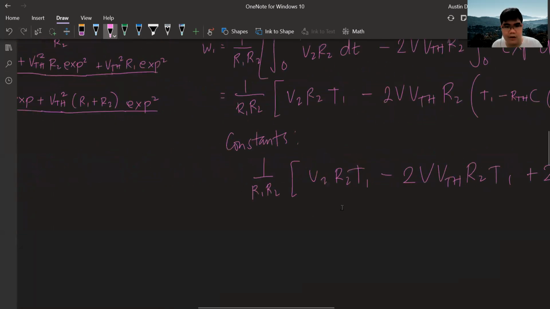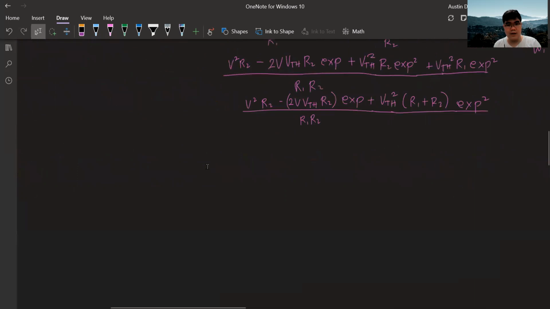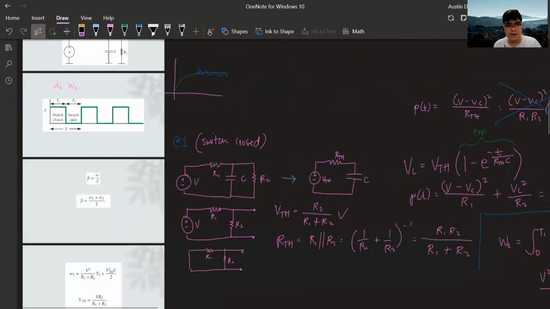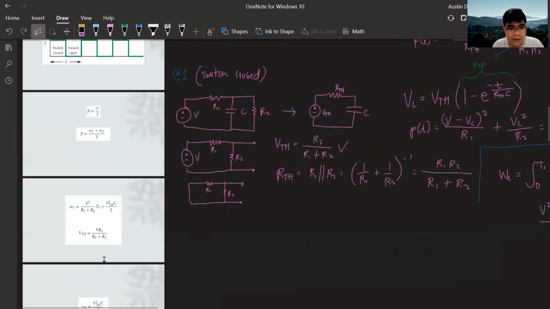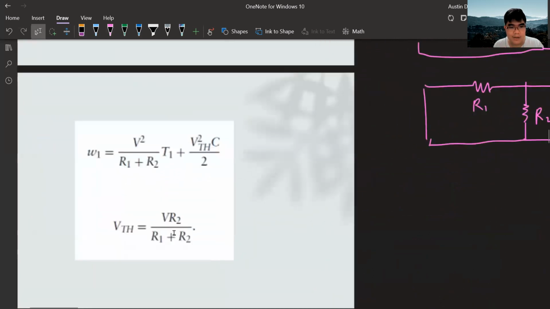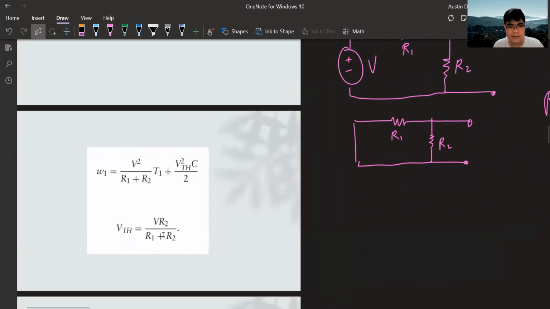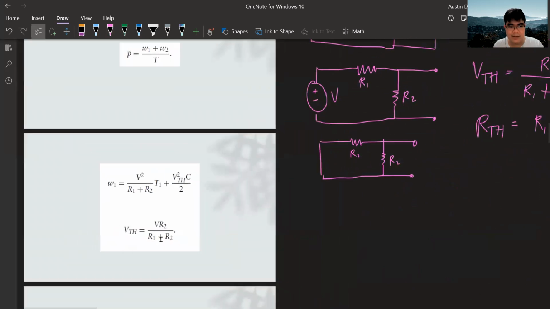So these are all the constants. I think we can further simplify this by having the value of V_th, which is R1 divided by R1 plus R2.